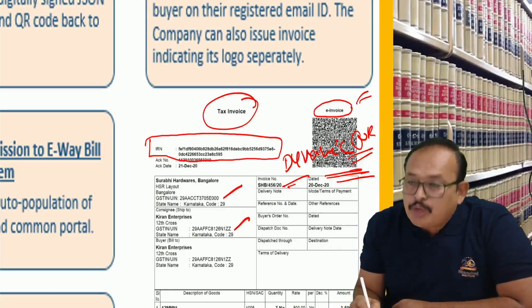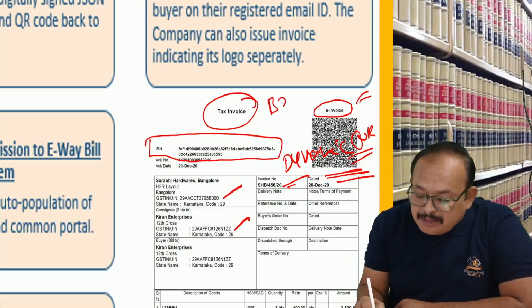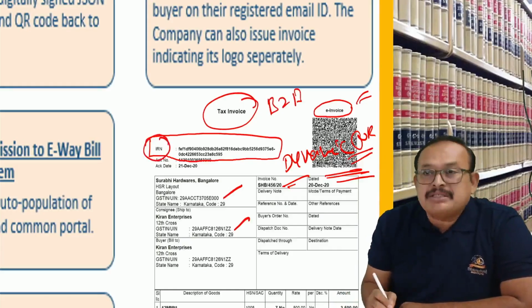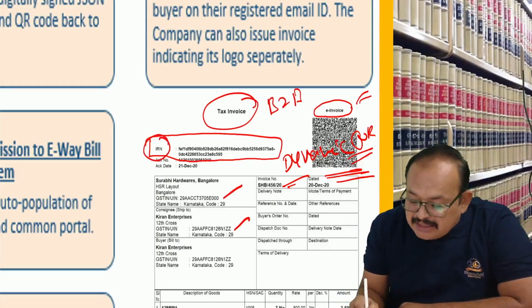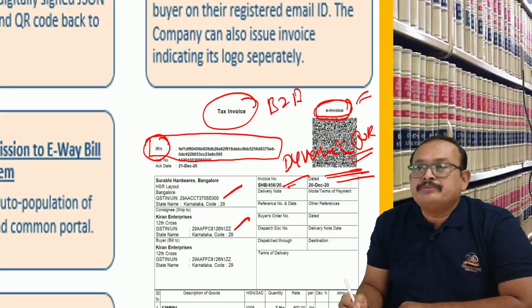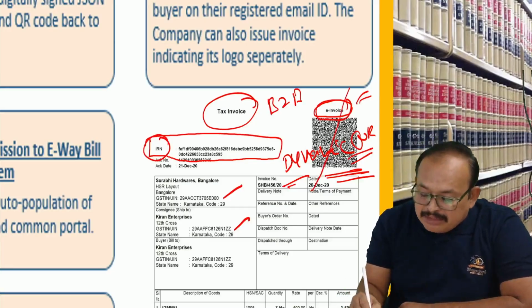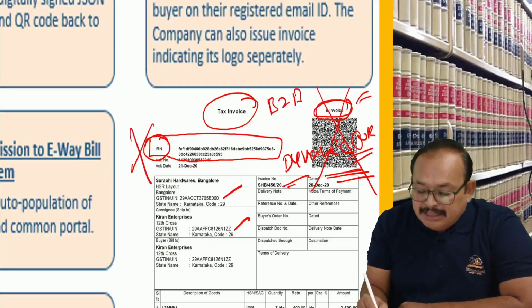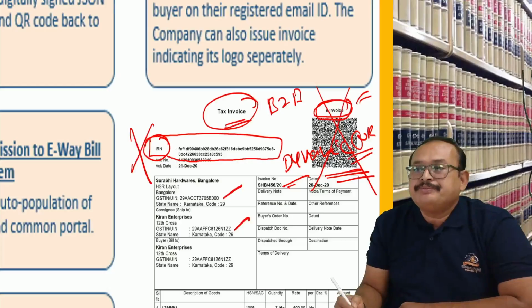This dynamic QR code is a must when the transaction is B2B, and the IRN number is a must to treat it as an e-invoice. If the dynamic code is not there, and the IRN reference is not there, it is only a tax invoice.